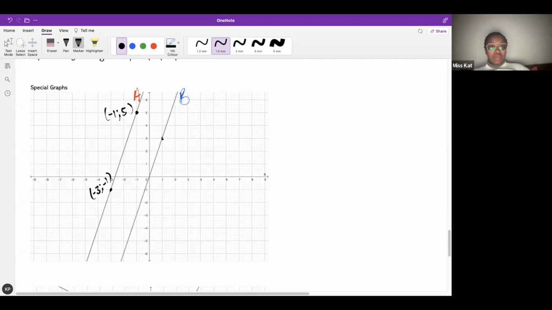On B, we have a point 1 and 3, and 0 and 0. Okay, let's work out the gradients. Let's get started. Has anyone worked out the gradient of A or B?